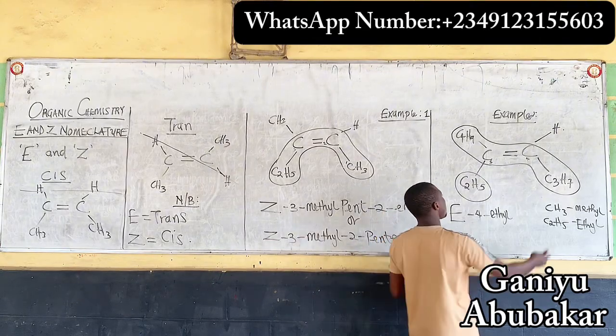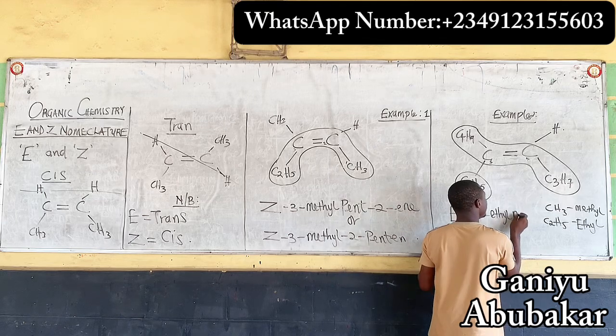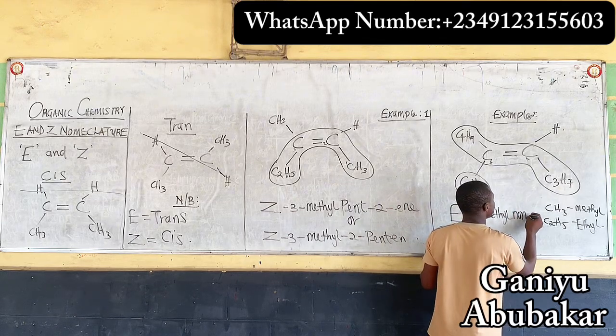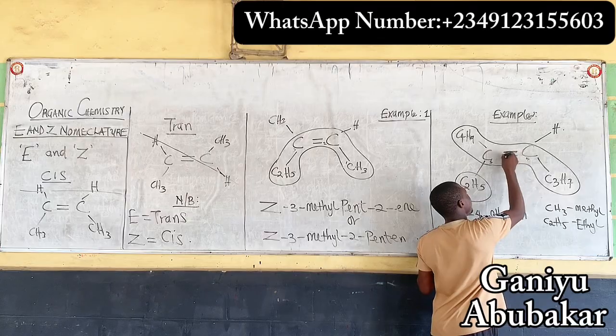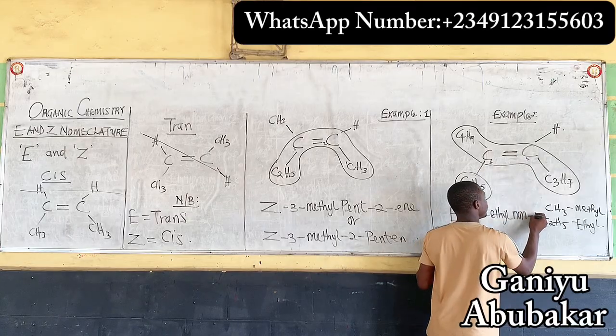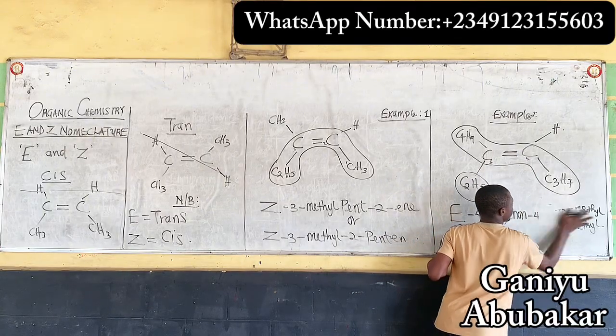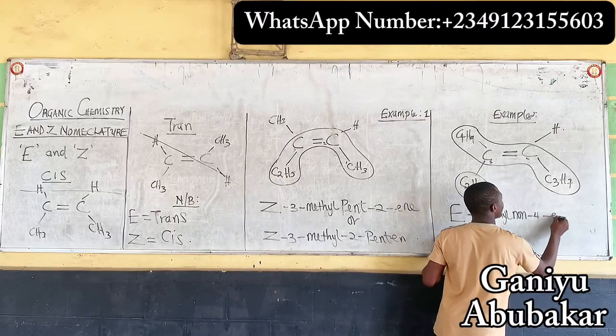Ethyl what? The compound itself is what? Nonene. The double bond is attached to carbon 4, so it's non-4-ene.